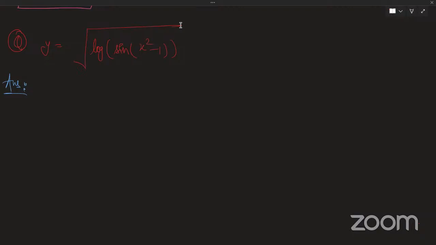Inside square root of x, what do we have? Log of sine of x square minus 1. Okay, great work, this is correct. Inside of square root of x, we have put log of sine of x square minus 1. Everyone agrees with this? Yes, sir. This is the first level of the problem, right?